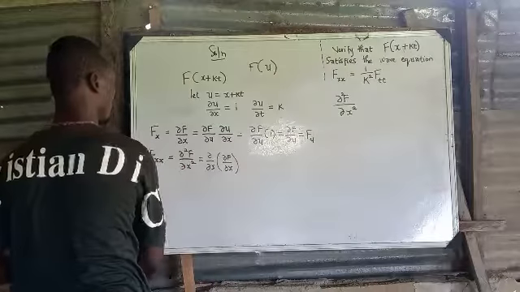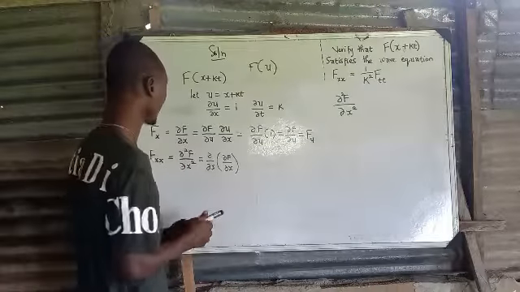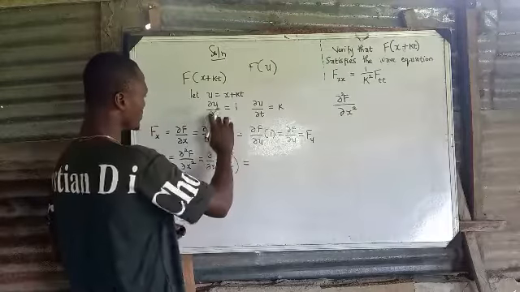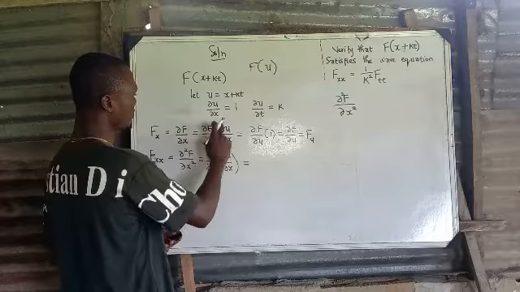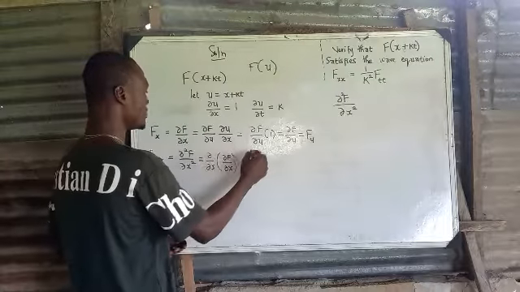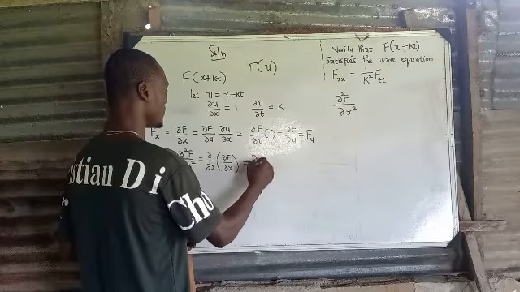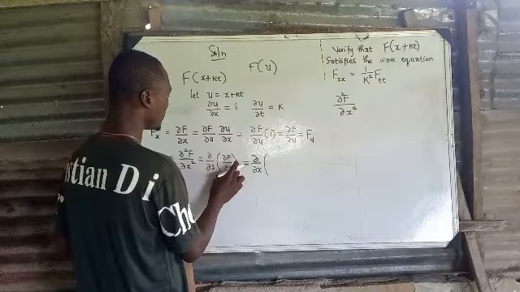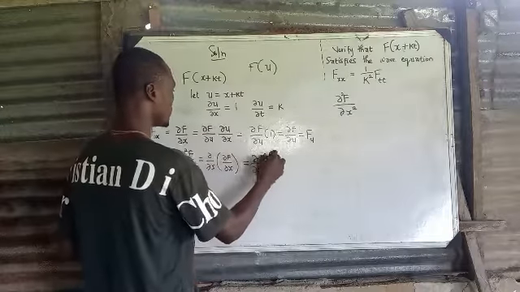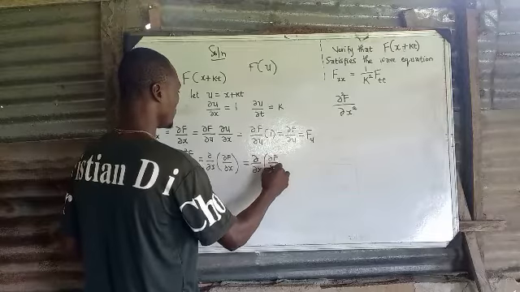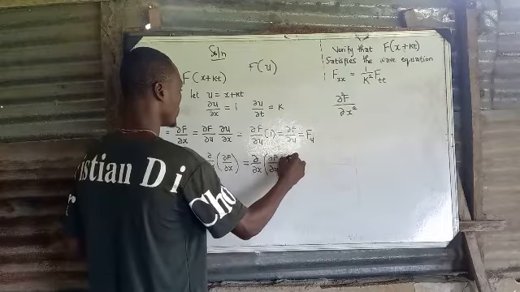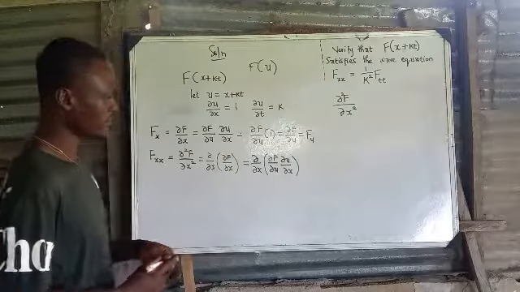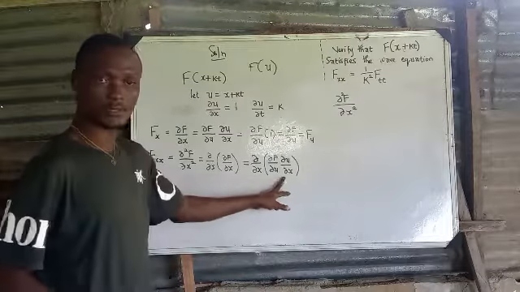So now we know this already. Partial f partial x is this, so I'm going to replace it there. We have partial over partial x of, in place of partial f partial x, I'm going to write partial f over partial u times partial u over partial x. I believe you understand this. It's just a replacement.